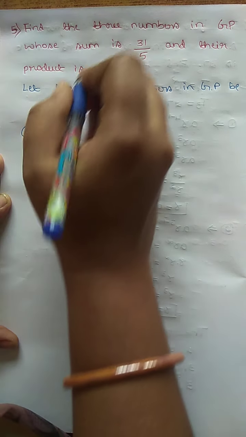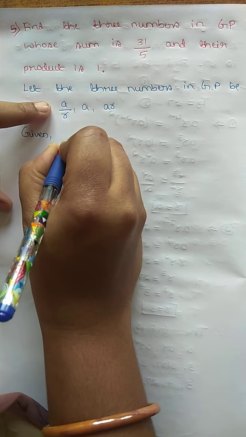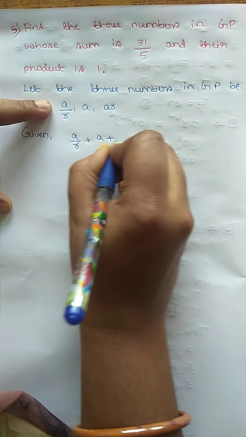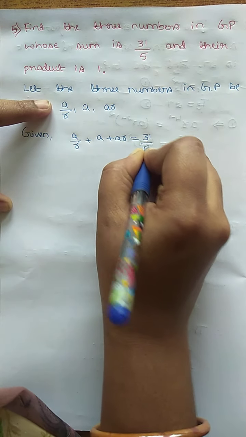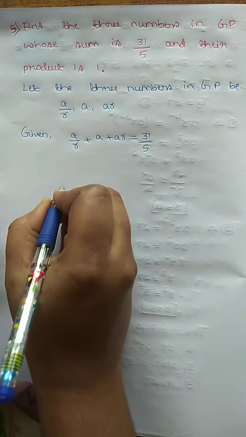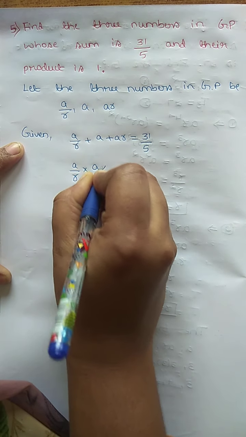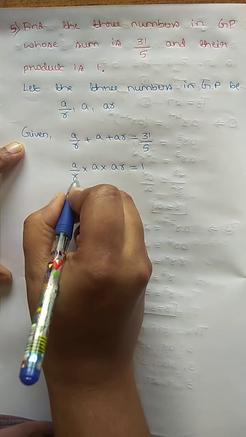By given data, the sum is 31 by 5. That means the sum of these 3 numbers, A by R plus A plus AR, equals 31 by 5. And the product, the multiplication of these 3 numbers, A by R into A into AR, equals 1.